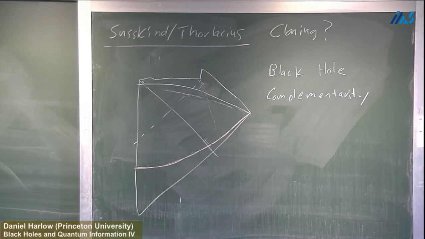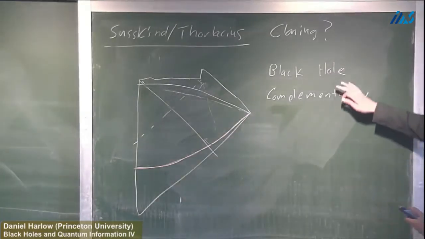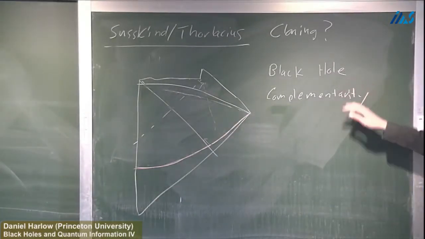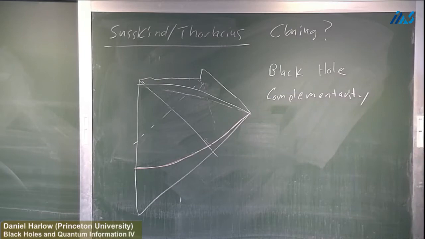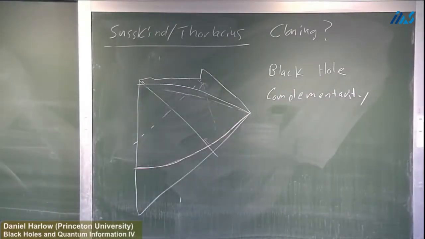But then recently, it's been argued, I think fairly compellingly, that at least the original version of black hole complementarity can't be consistent. And that was what led to all the 150 papers in the last year and a half, all talking about the black hole interior. So now I'm going to try and get into that argument.